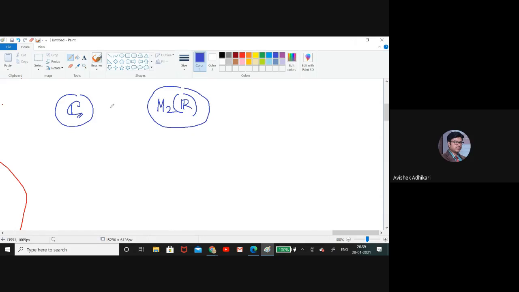But you will be surprised to know that within this M2R, C is there as a subring. So they look quite different. But algebraically, we can say that C may be thought of as something called an embedding.